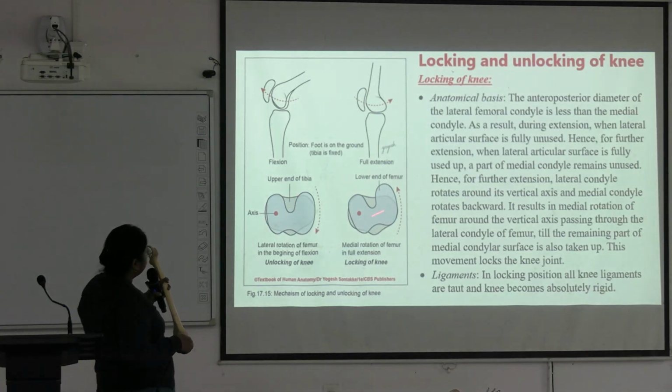During this position, you can see, this is the medial side, this is the lateral side. This part of the medial condyle is unused. So it will rotate medially, so it is fully located over this medial condyle.